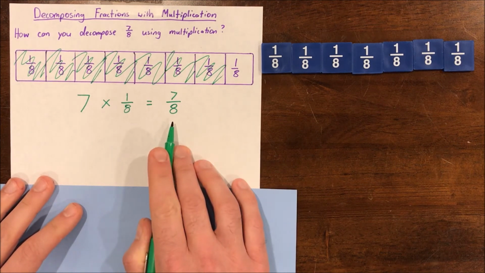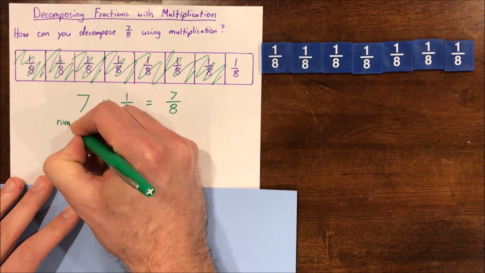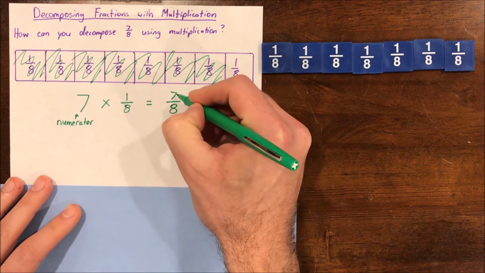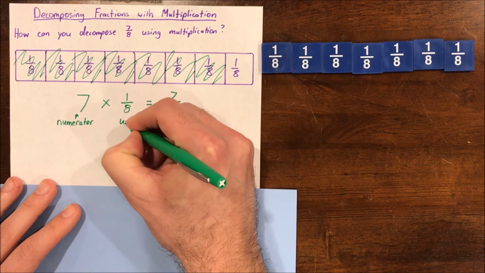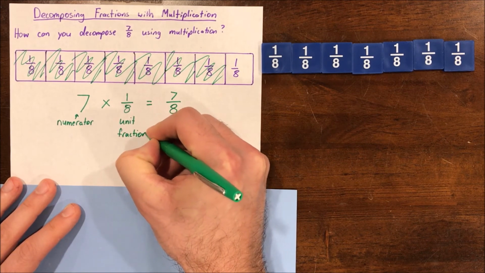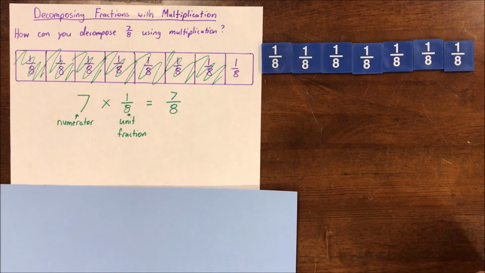We decompose 7/8 into the product of its numerator, right, 7, and its unit fraction of 1/8. So let's take a minute and think about what else this teaches us about multiplying fractions and whole numbers.